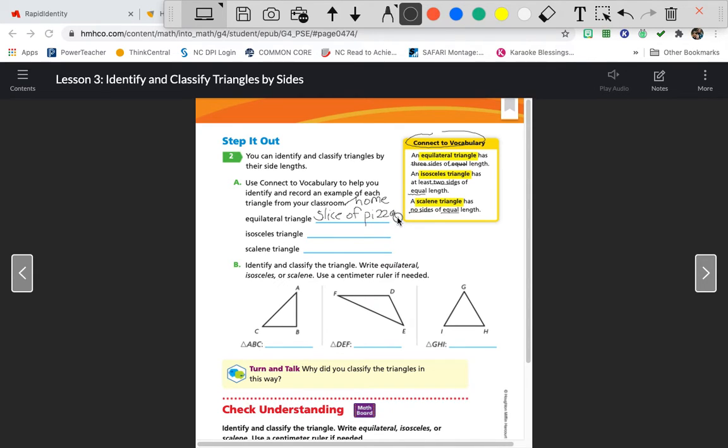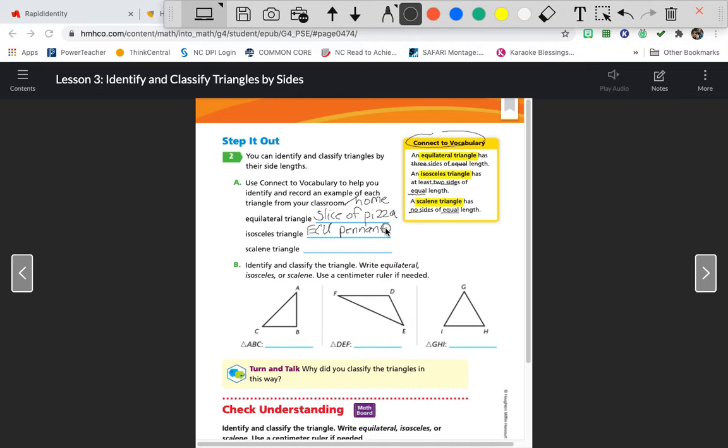But out in the real world, you might see a road sign, and the road sign would be an equilateral triangle. An isosceles triangle has at least two sides of equal length. And I have up on my wall here in my classroom an ECU pennant. But out in the real world, maybe a boat sail would be an isosceles triangle.